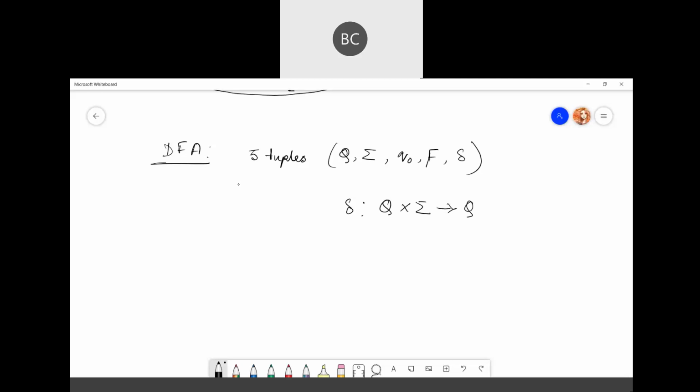Okay. Now, examples are like you have to construct a DFA with input symbols, for example, 0 and 1, that accepts all strings starting with 0.